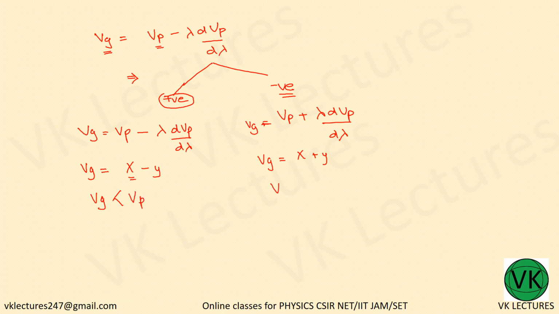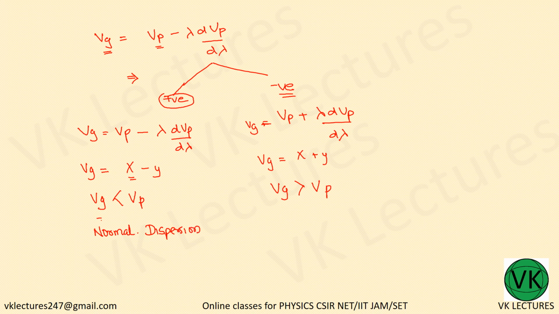And here Vg is x plus something, so it is greater than x, which is nothing but Vp. So if Vg is less than Vp, that means group velocity is less than phase velocity, then this is called normal dispersion.